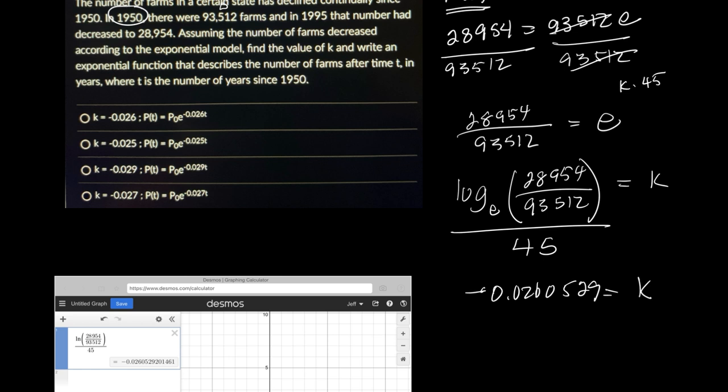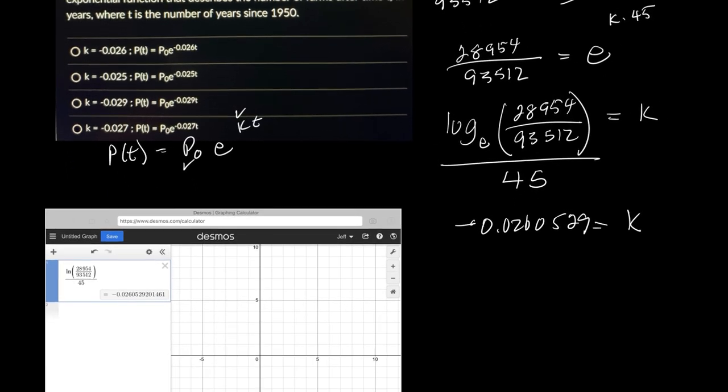So, to write my growth or decrease function, I'll just write the general formula again. And what I need to do is plug in for this and plug in for this and leave everything else the same.